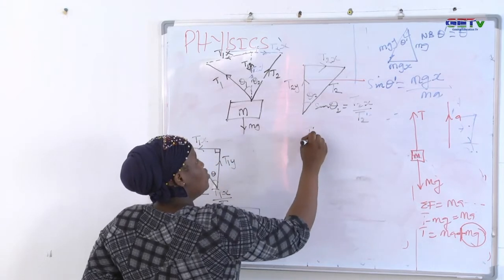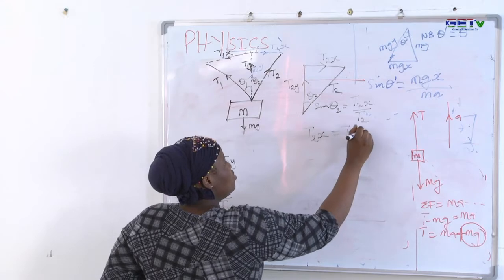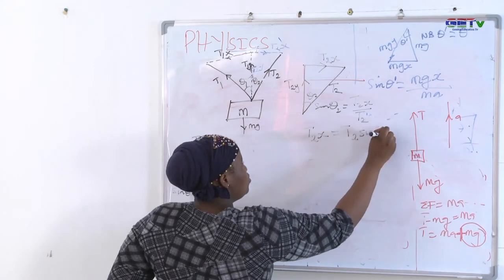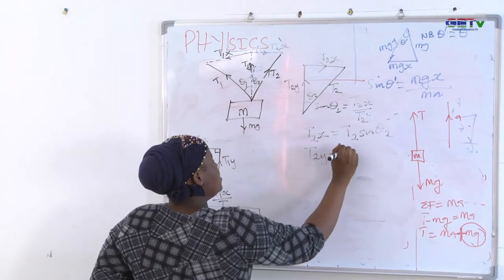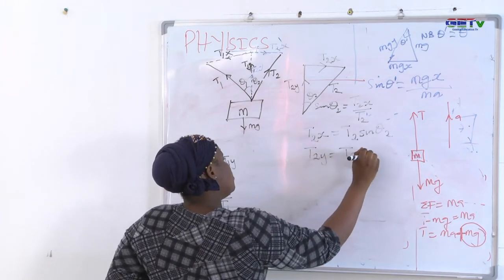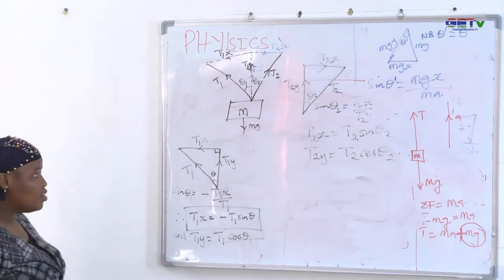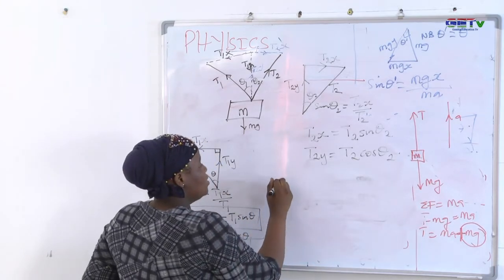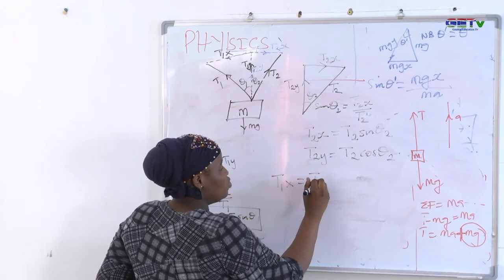So T2 of x is equivalent to T2 sine theta 2, and obviously T2 of y will be T2 cosine of theta 2.